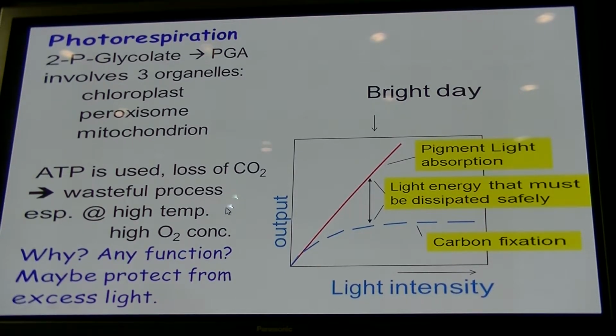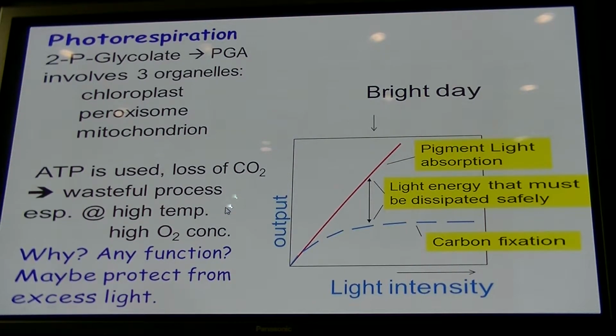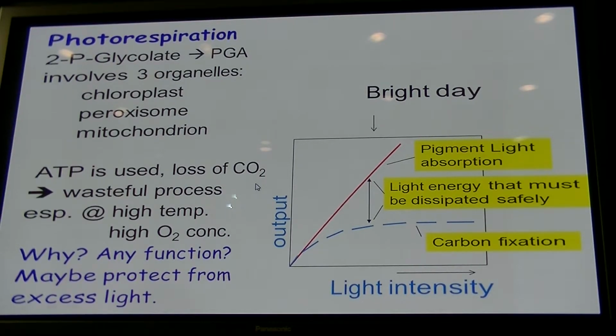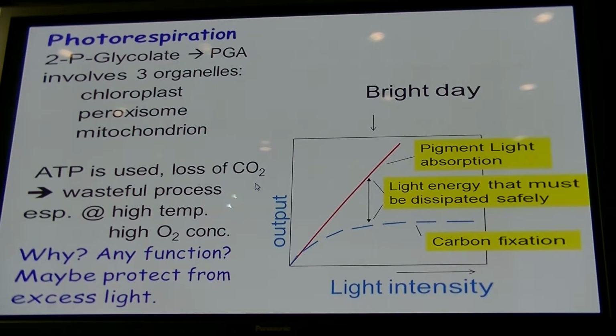They have to close those stomates, as they're called, so that they preserve water. But the preservation of water means that they cannot let CO2 in. So then their photosystem 2 is still producing oxygen, and we're not getting good CO2 in, so then the CO2 to oxygen ratio becomes very unfavorable.